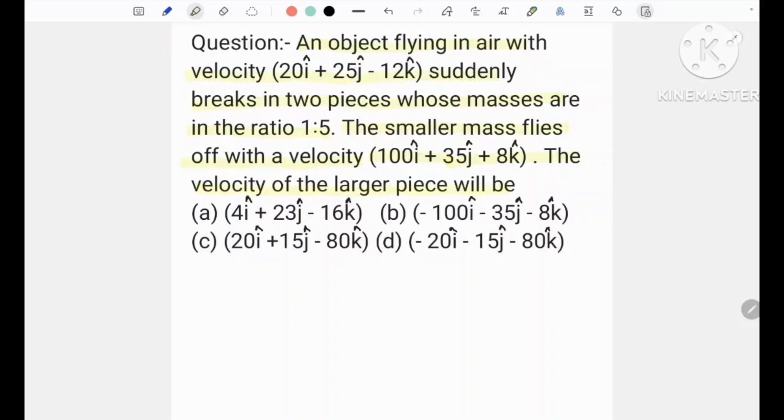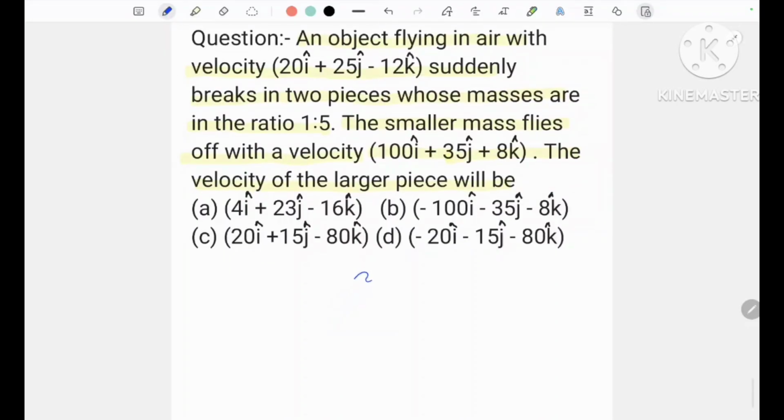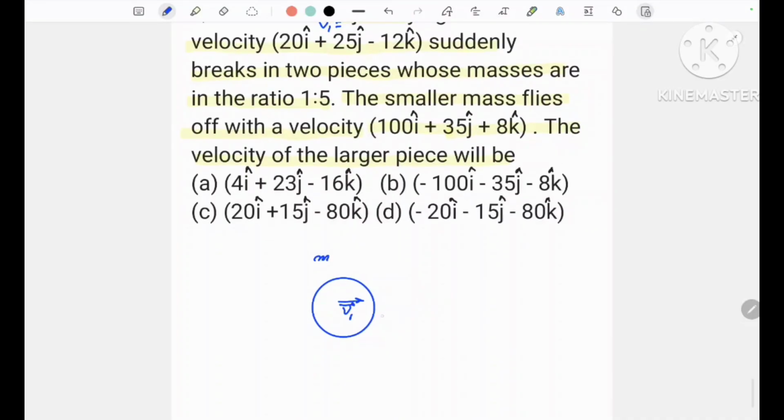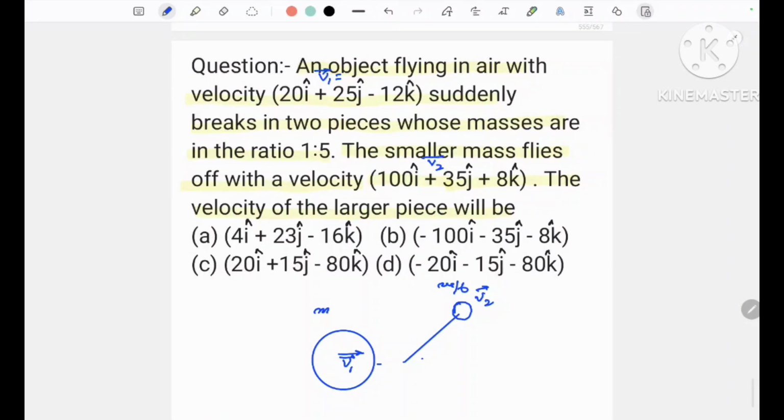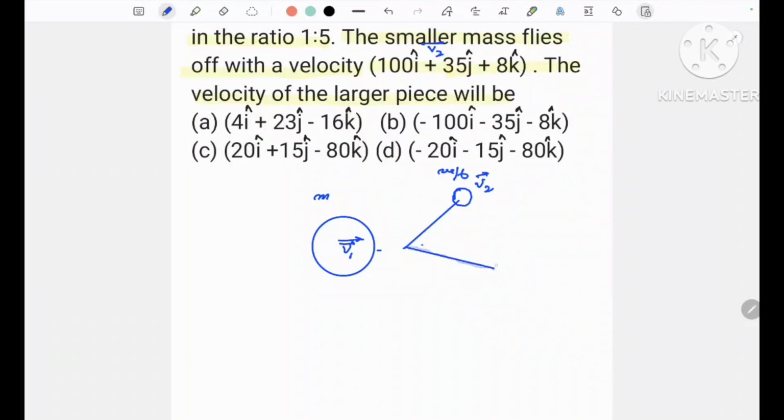The velocity of larger piece will be. Suppose an object of mass m moves with given velocity v1. Its smaller part has mass m/6 and moves with velocity v2. The second larger part, 5m/6, moves with velocity v3.